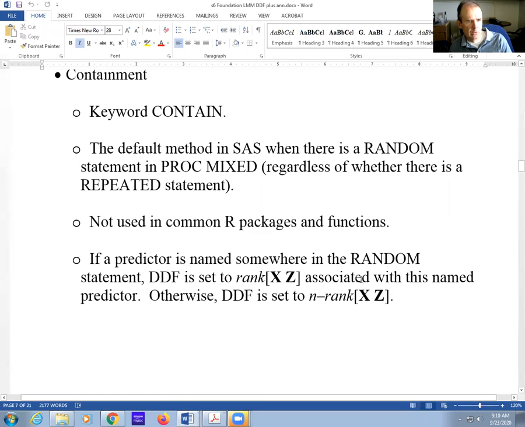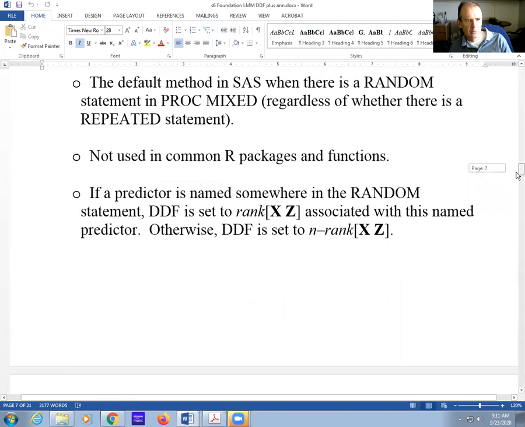Okay, so this last bullet point tells you how that's calculated. If a predictor is named somewhere in the random statement, DDF is set to the rank of the combined X and Z matrix associated with this named predictor.